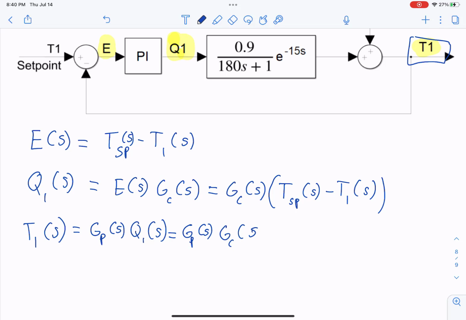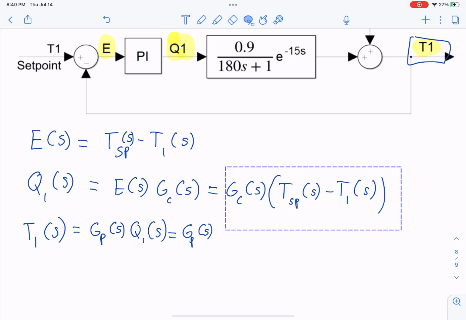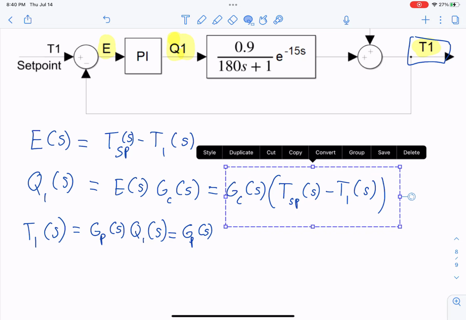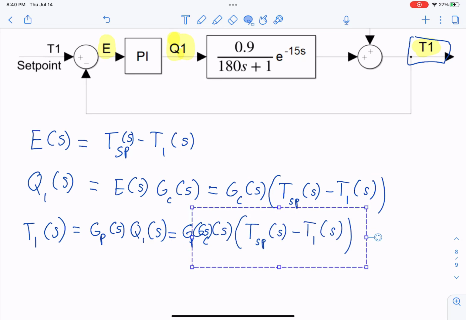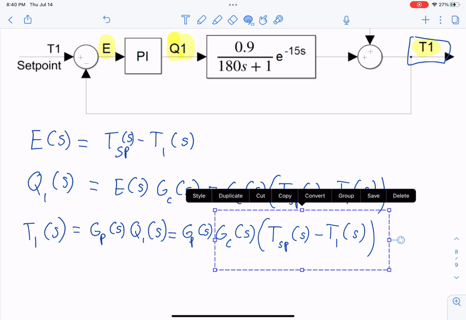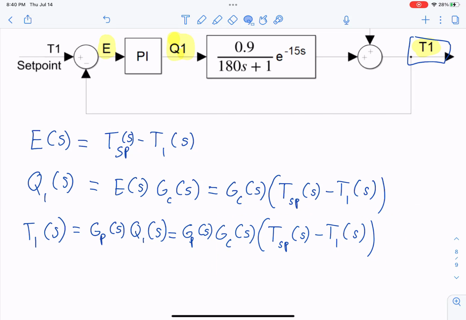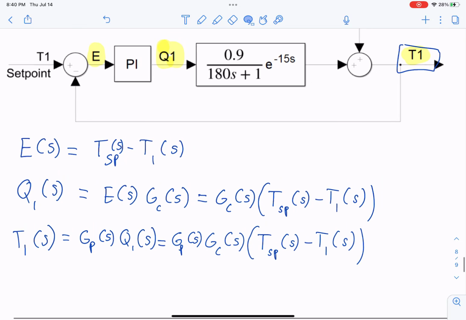In fact, you know what? I'm going to take advantage of having an iPad. This is Q1. Copy, paste. So gain of the process and gain of the controller times the error. You can see these are multiplicative. They're multiplying together. That's going to be important. But we also have our disturbance.